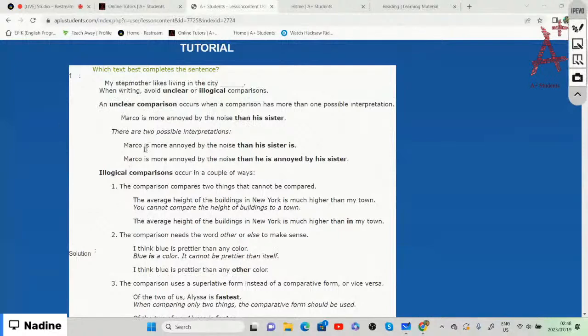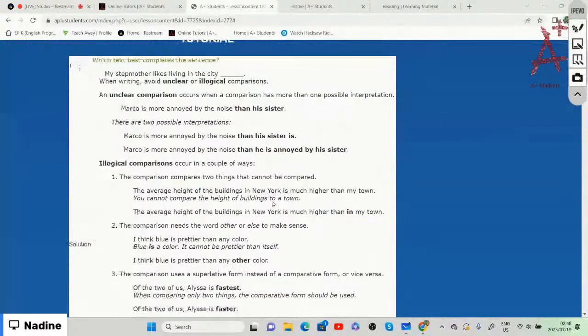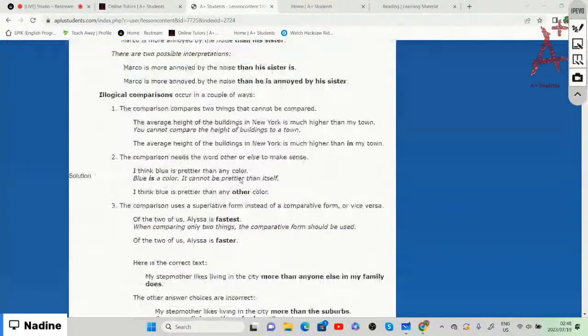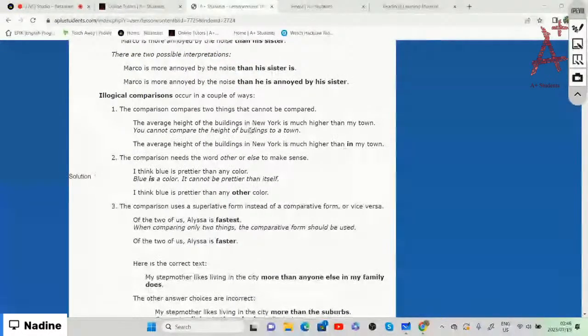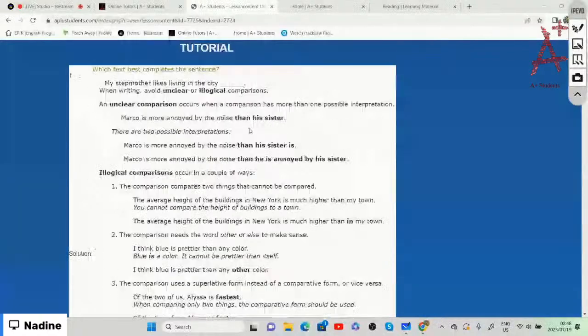And you use a different comparison, such as superlative form instead of a comparative form, if you want to compare, for example, people, places, or things. That will make your sentences, your words, or whatever you're writing illogical or unclear.